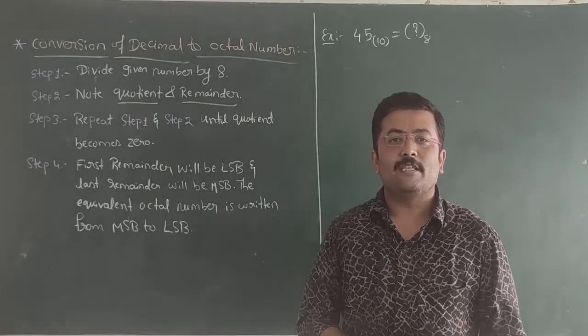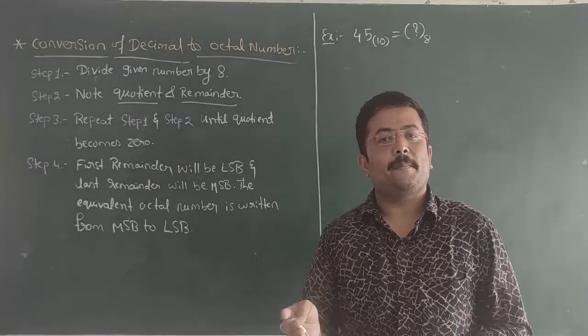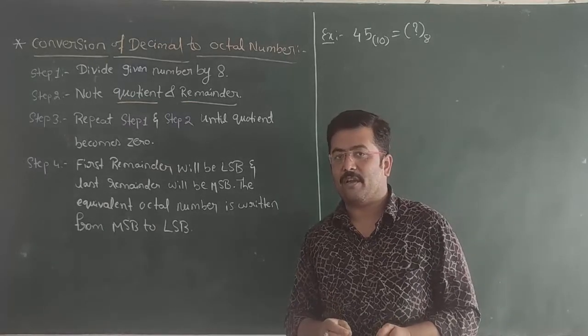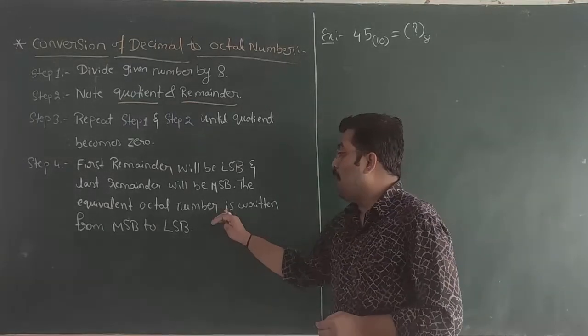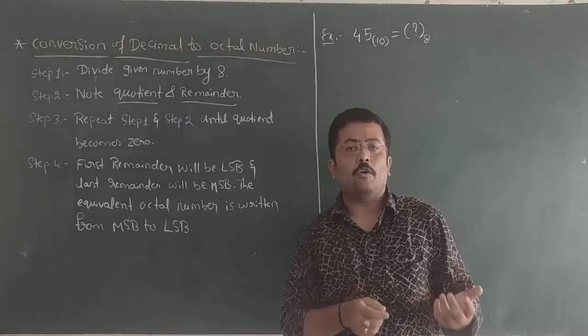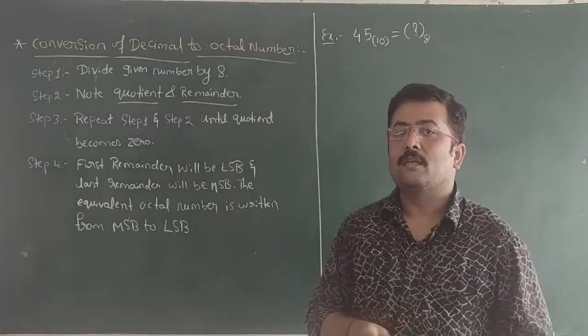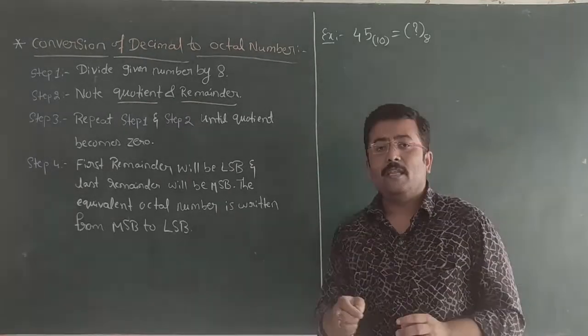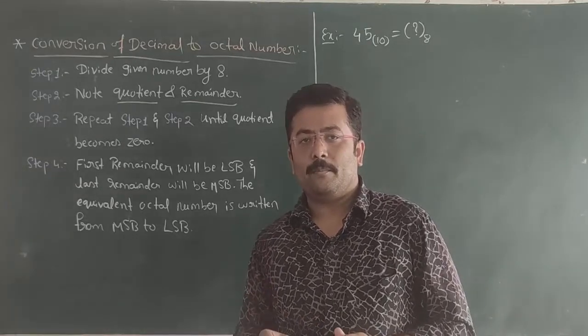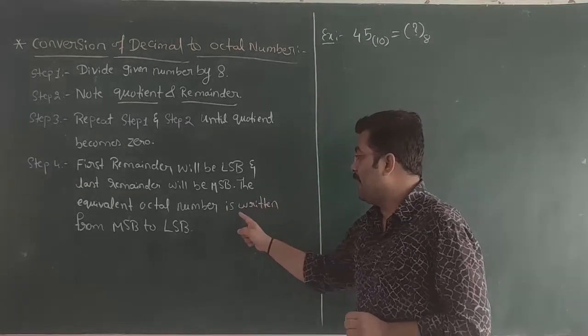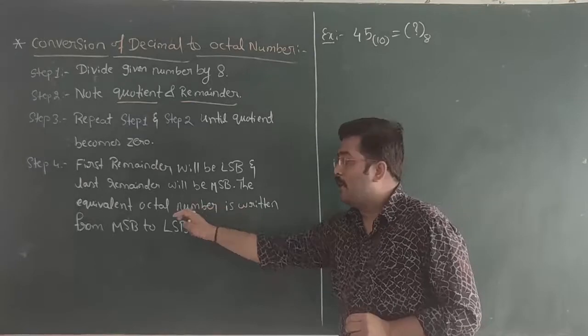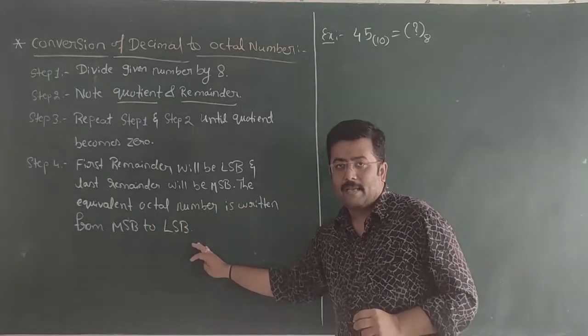LSB means least significant bit and MSB means most significant bit. After noting down the remainders, I write the equivalent octal number of the decimal number from MSB to LSB.